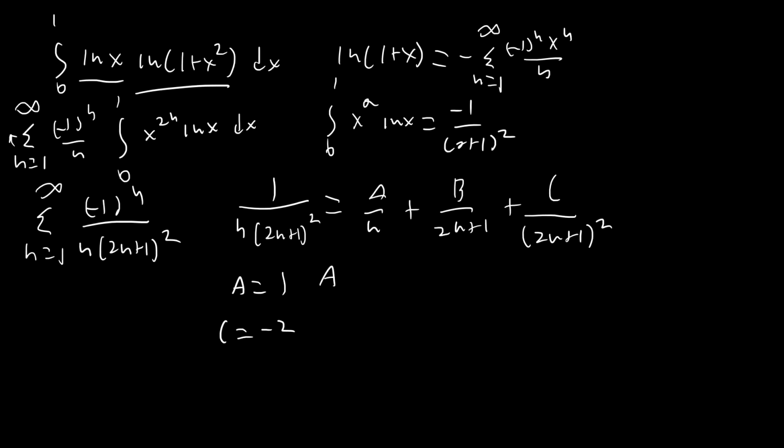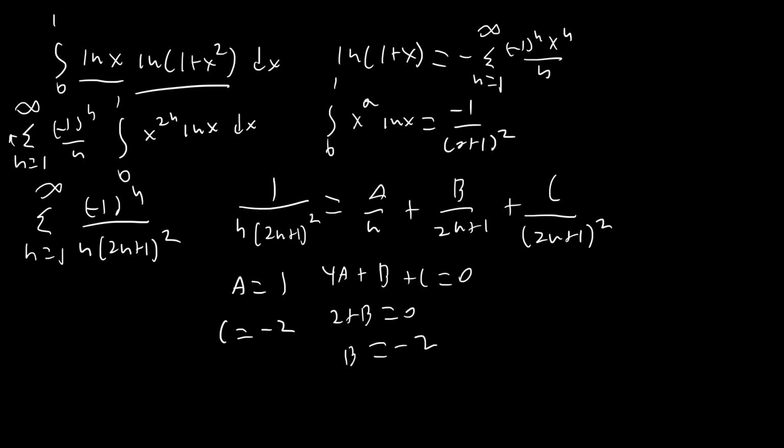That doesn't help us either. Let's solve for our n term. So our term with n in it is going to be 4A plus 1B plus C equals 0. So that's going to be 2 plus B equals 0, or B equals -2.